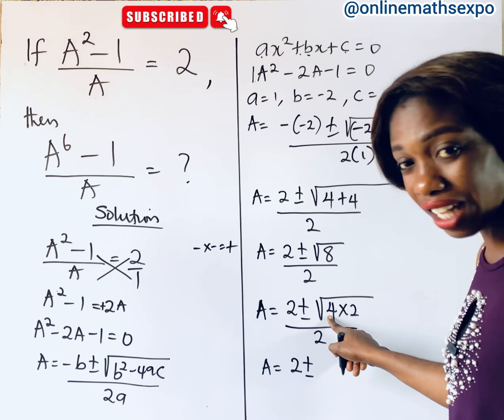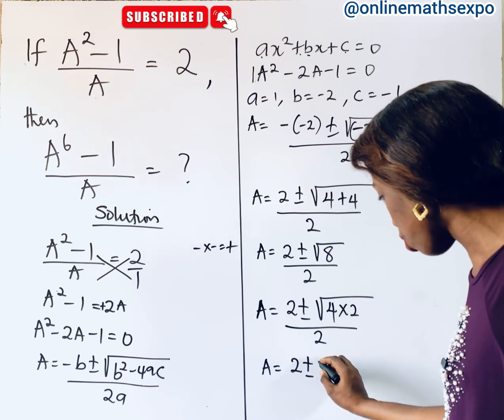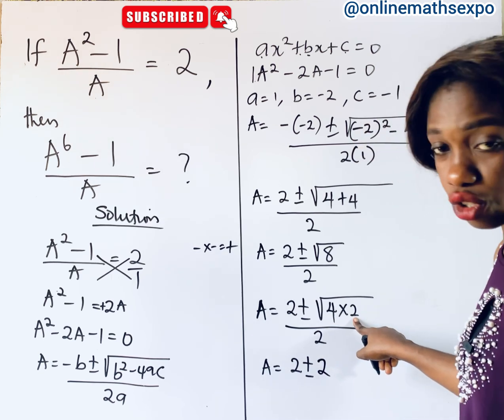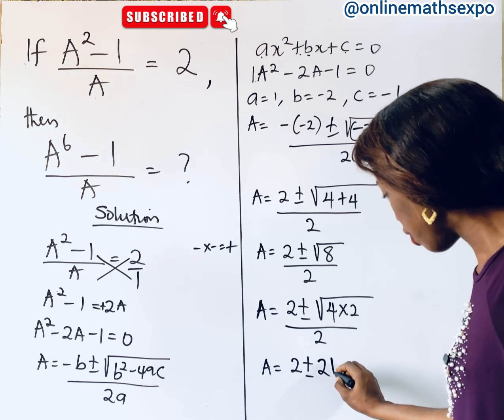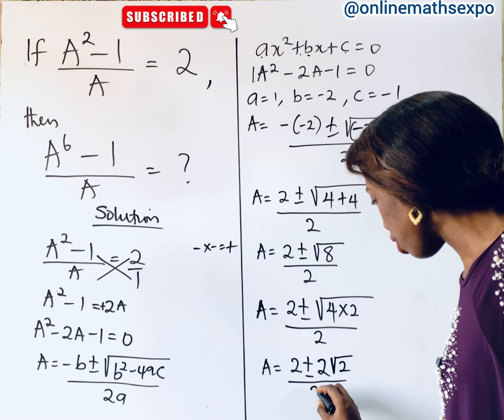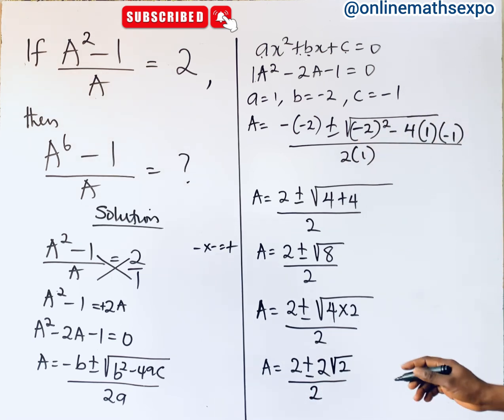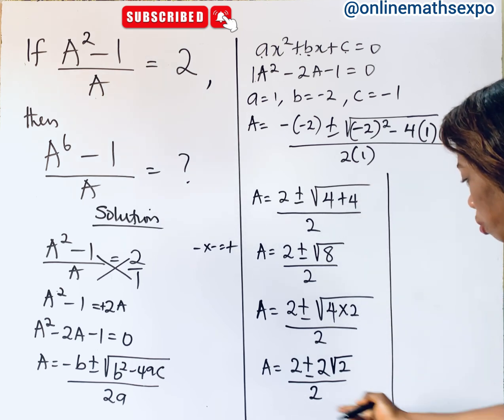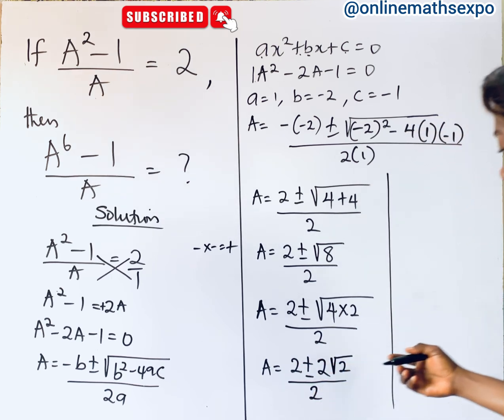So you bring that value out. Then this 2 here is not perfect, so you leave it in the root. That is the surd or the radical value. Then we have it divided by 2. So what do you do at this point? You are going to see that the 2 is common in both the numerator and denominator.